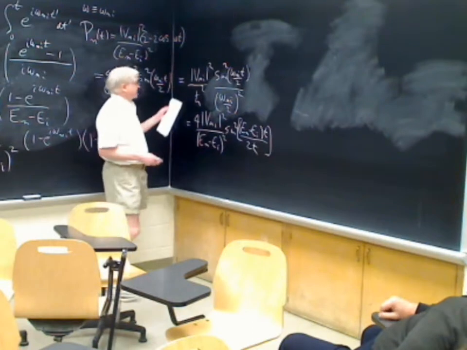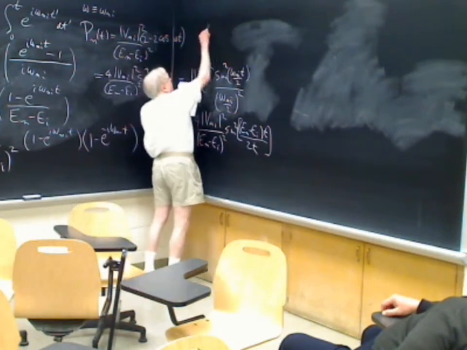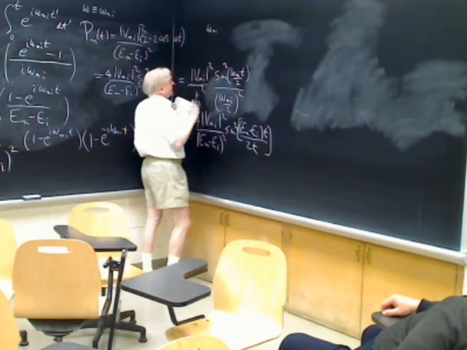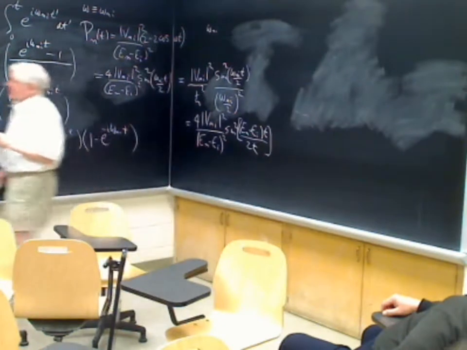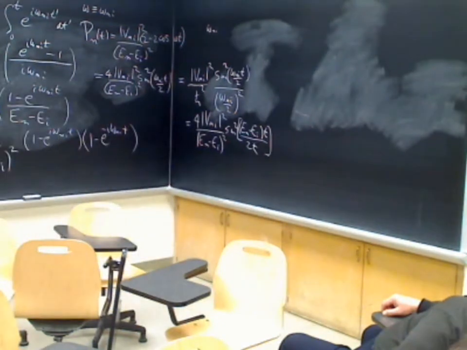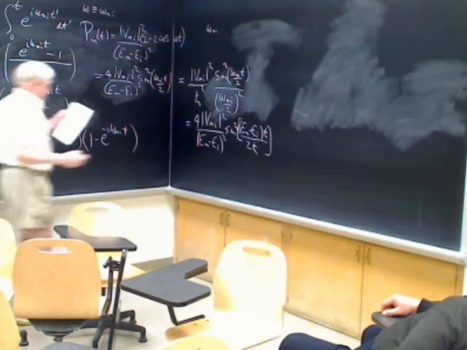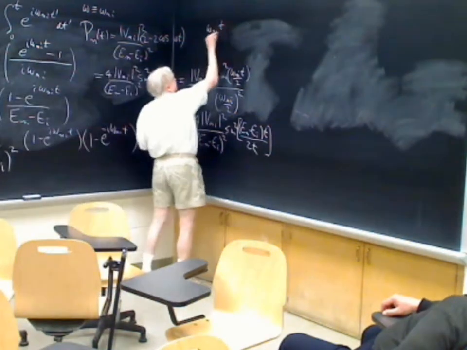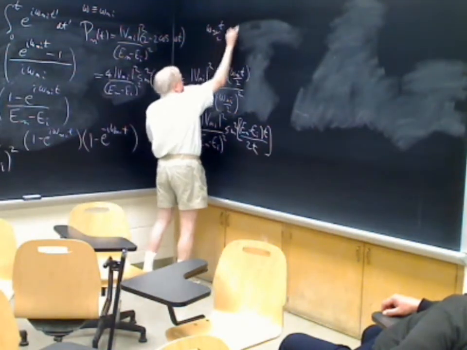Okay, so let's think about the case where omega_ni, and remember that that's the difference in the energies over h bar, times t over 2, suppose that's a lot less than 1.